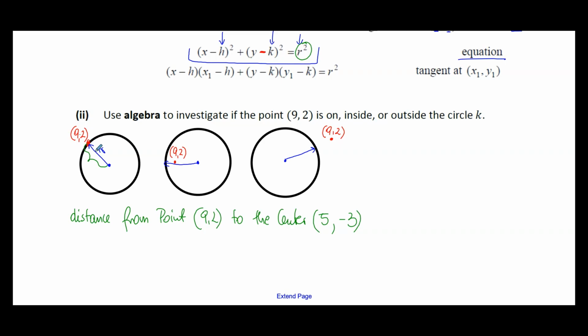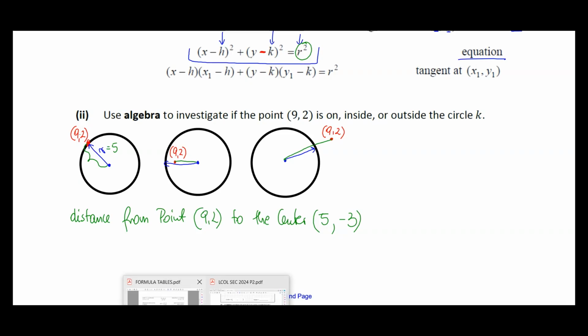If that distance is the same as the length of the radius, then indeed that point is on the circle. And let's not forget that the radius is 5. If the distance from the center to the point is less than 5, then it is inside the circle. And if the distance from the center to the point is more than 5, it's outside. So in order for me to know which option is true, I need to calculate the distance from the point to the center. How do we do that?